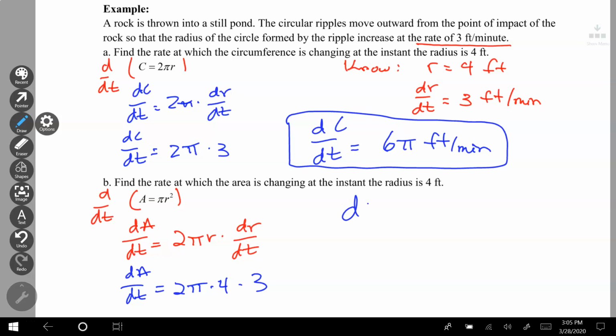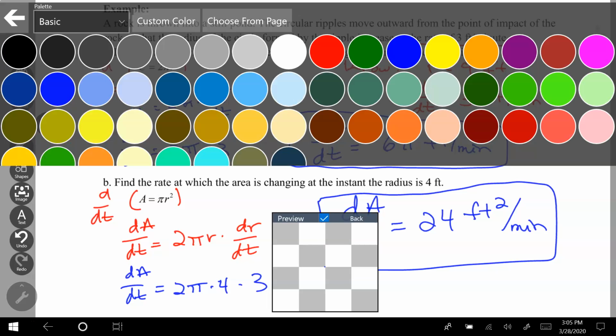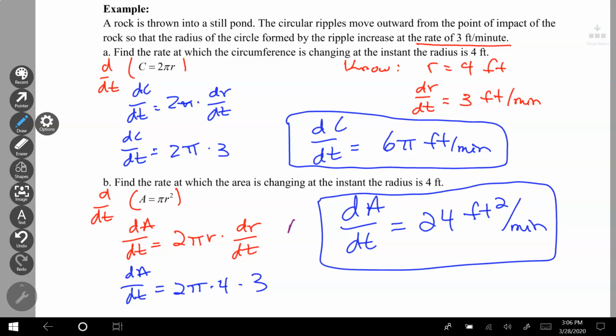And I get my dA over dt is equal to 24 square feet per minute. If you want to use your prime instead, I'm going to say A prime equals or C prime equals. So for part B, the rate at which the area is changing in the moment is 24 square feet per minute.